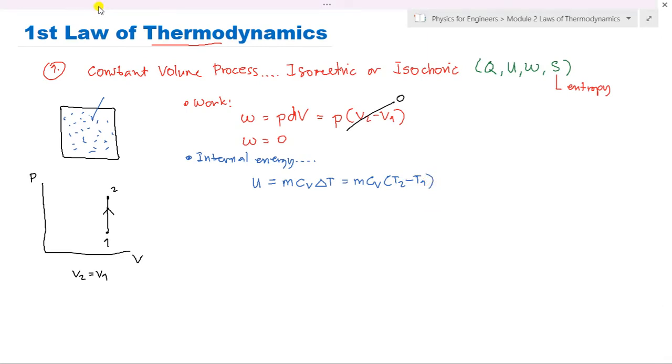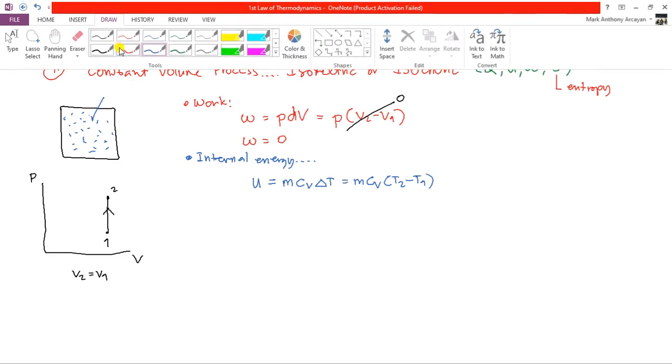This would be the formula for internal energy at constant volume, and it doesn't change. Most of the time internal energy doesn't change in these processes; only in an isothermal process, where temperature is constant, will it change, but we'll get to that later.